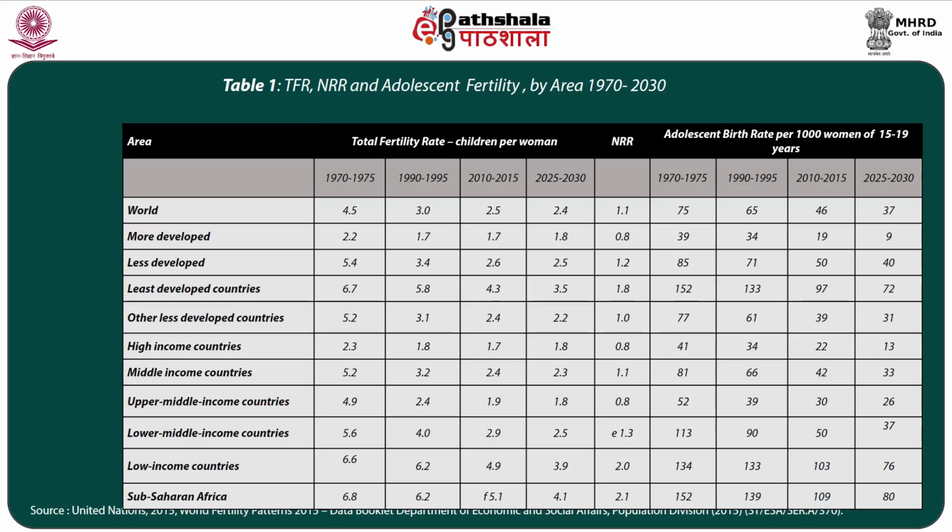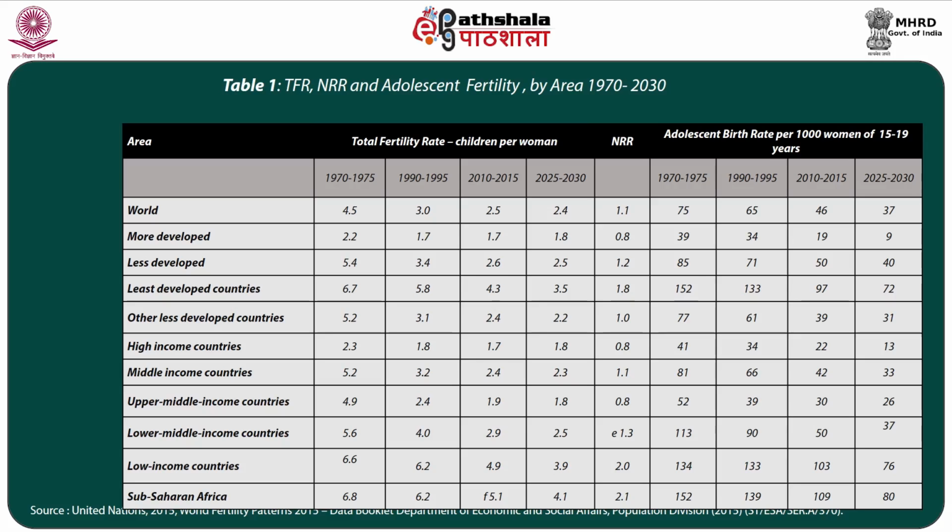Of course, it is expected to reach 2.4 by 2025 and 2030. NRR 1.1 and adolescent birth rate is expected to decline from 75 per 1000 women of 15 to 19 years to 37 by 2025-2030.